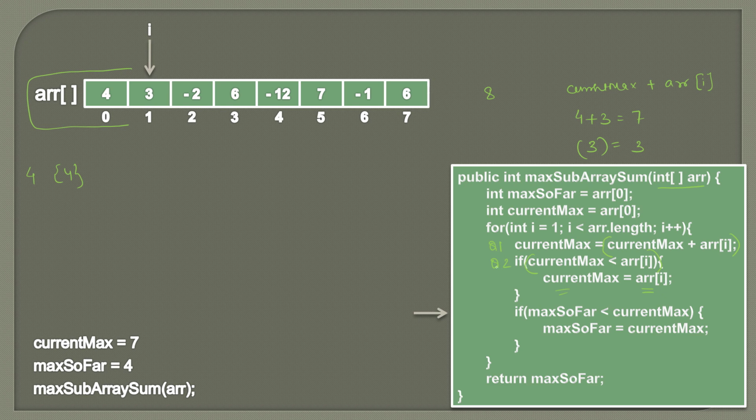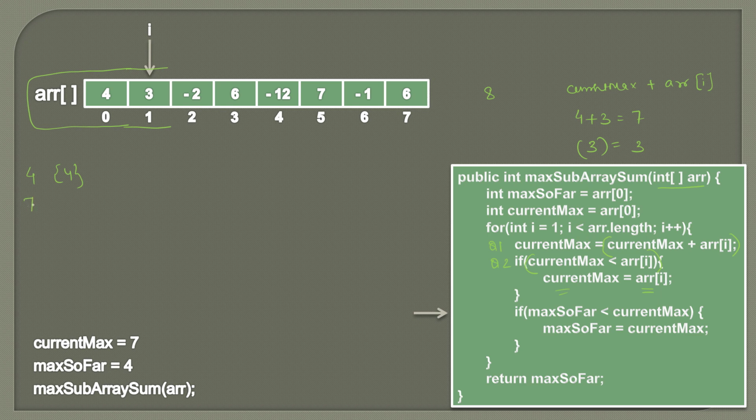Whichever wins, that value is assigned to the current max. And if this condition comes out to be false, then we do nothing with the current max because we have already assigned current max plus array of i, which is 4 plus 3 equal to 7, to current max. So now this value is included in the subarray.